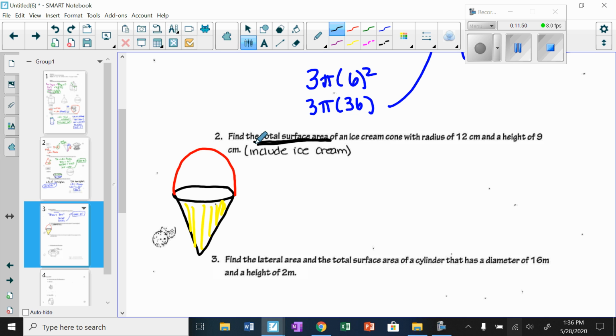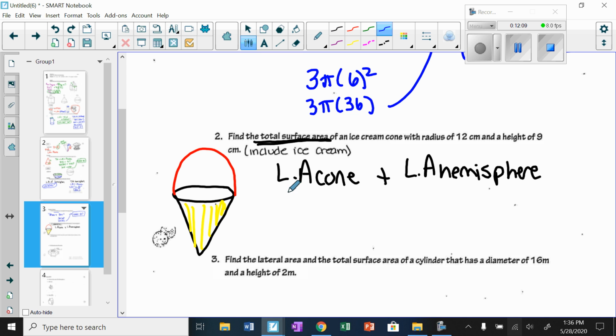So we can paint the lateral area of the cone, and we can paint the top of this ice cream, but the top of the ice cream is not a total sphere. It's the lateral area of a hemisphere. So the lateral area of a cone is pi r l, plus the lateral area of a hemisphere is 2 pi r squared.